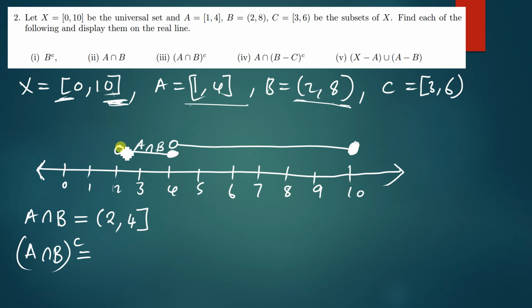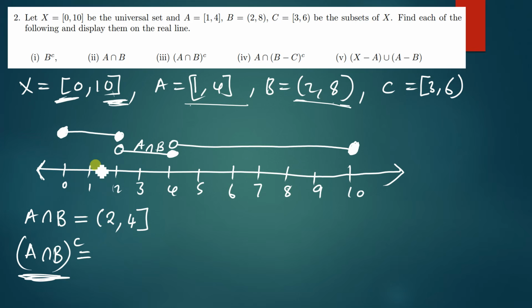And because 2 is not part of A intersection B, it means that it's going to be part of the A intersection B complement, meaning we shade there. And then we draw the line up to where the universal set is ending. But because it's closed there, we also have to close this dot.